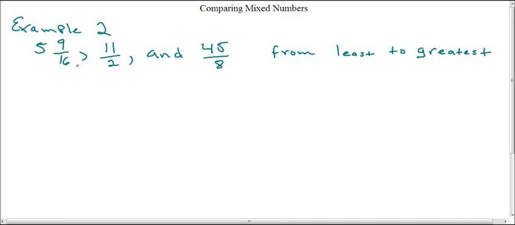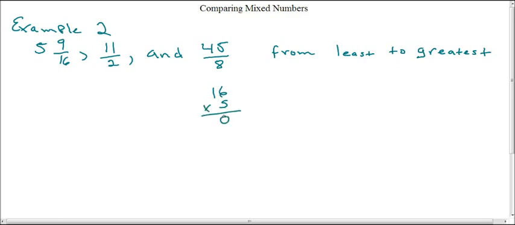We have this mixed number, so we must change this mixed number into an improper fraction. How do we do that? We have 5 wholes and 16 is our denominator. So let's take 16 and multiply it times 5.